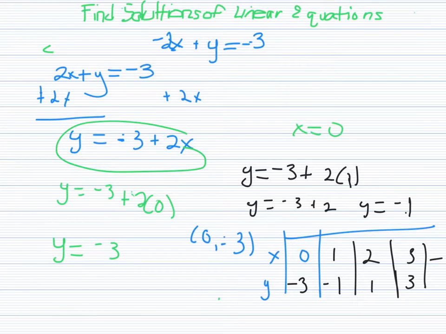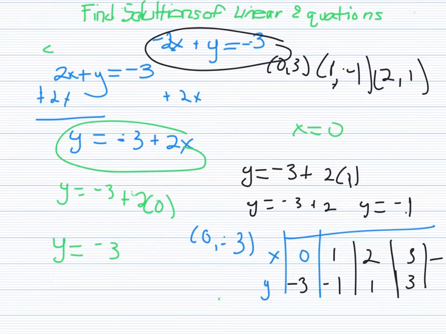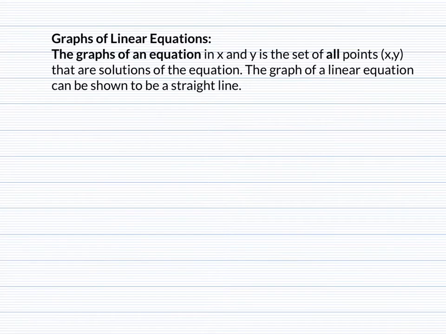That would be the easiest way to do it, and you end up then with the ordered pairs of 0, -3, 1, -1, and 2, 1, and those would be the 3 solutions to our original problem. It just asked for 3, so once we had 3, we could stop.